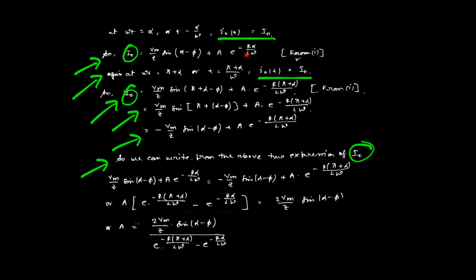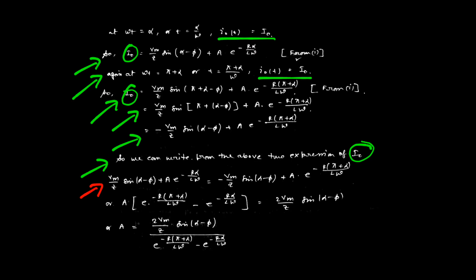That means Vm by Z sin(alpha minus phi) plus A into e to the power minus R alpha by L omega should be equal to minus Vm by Z sin(alpha minus phi) plus A into e to the power minus R(pi plus alpha) by L omega.